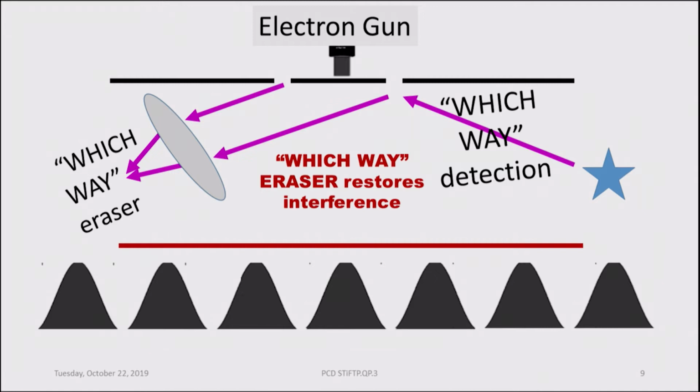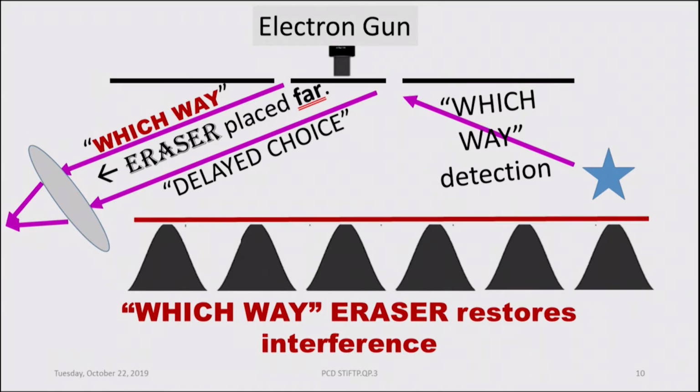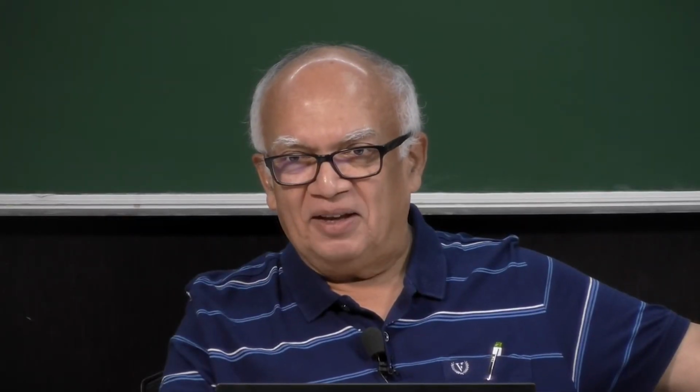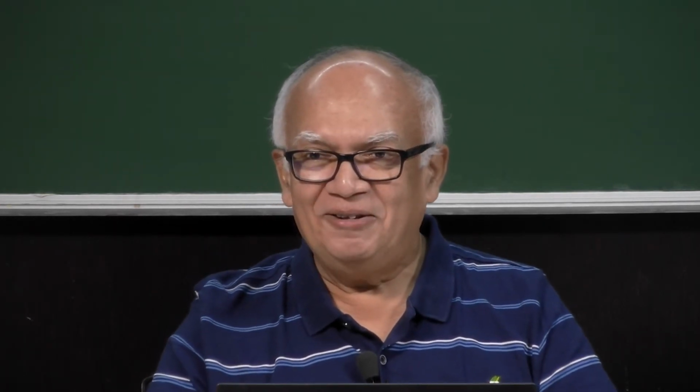This is amazing, and now what you can do is keep this eraser far away. This is called a delayed choice eraser. You can put this lens like a billion kilometers away when the detector is at a distance of a few centimeters or a meter or whatever.